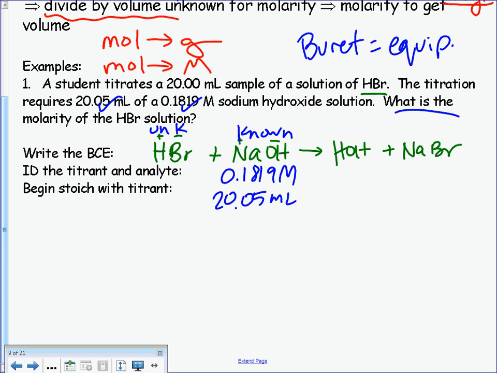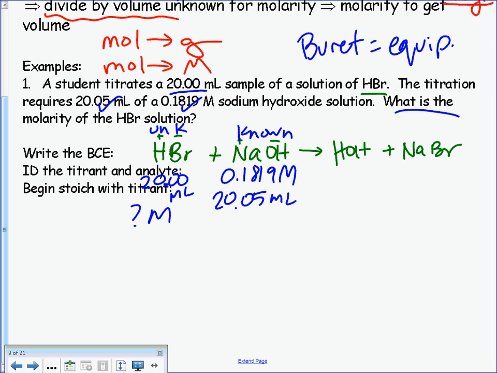What else do I know? Of the acid, right? I know that there's 20 milliliters here that I've used, but I don't know the molarity. My question is, what is the molarity of that acid? So if you set it up like this, it'll help you organize your information a bit.